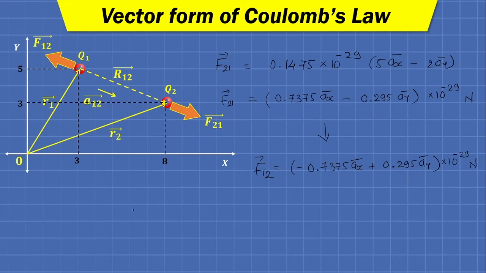So we can say that F21 bar is exactly equal to F12 bar in opposite direction. Okay, so this is how we can calculate any electrostatic force on any charge due to different charges.